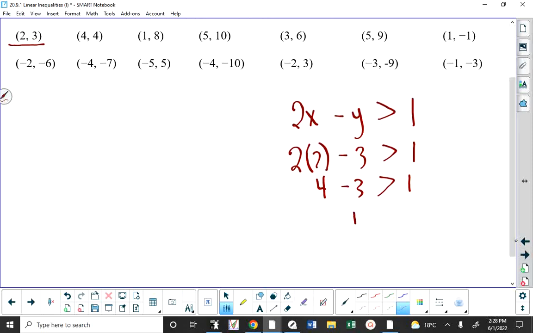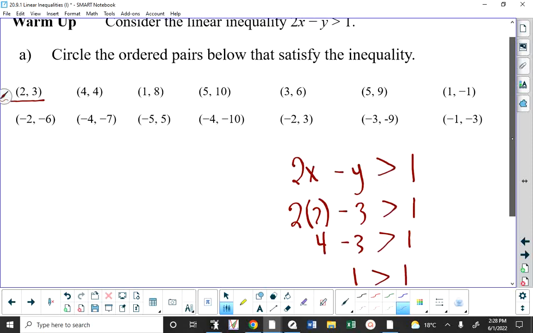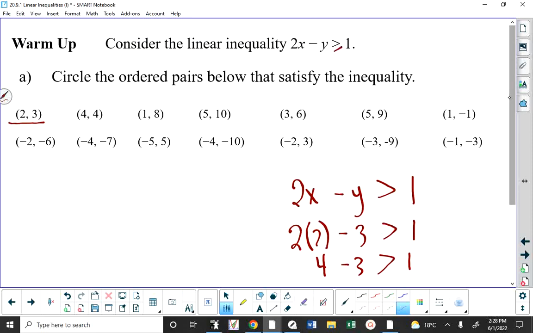I end up with 1 is greater than 1. Is 2 comma 3 a point that makes that true? No, because 1 is not bigger than 1. If the inequality at the top of the page was greater than or equal to, then we would be circling that point and saying that point represents a solution. But it's not, so we don't.